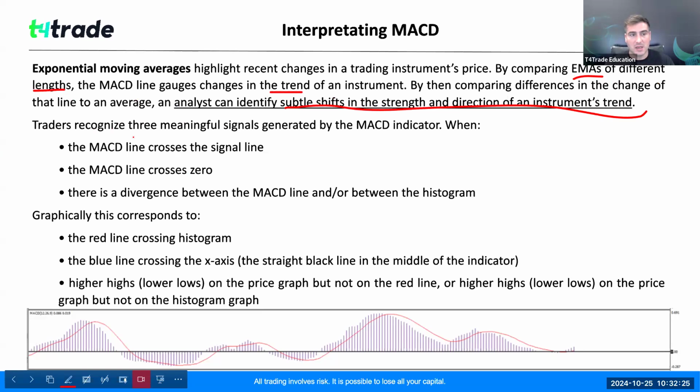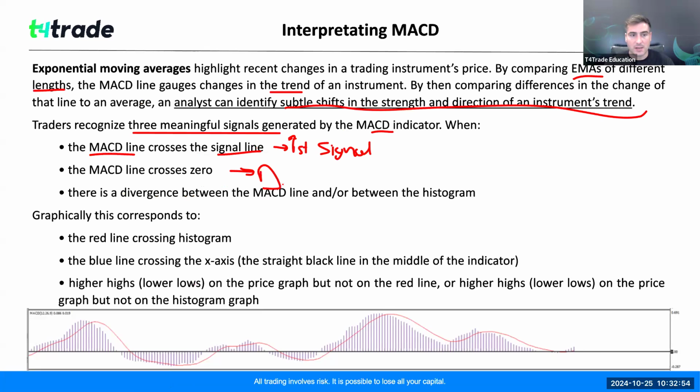So traders recognize three meaningful signals generated by the MACD indicator. When the MACD line crosses the signal line, remember, this is what I'm talking about here. Okay, when the MACD, which gives you, in a sense, the first signal, this is the definitive, if you would like, and this is in big quotes, signal generation.